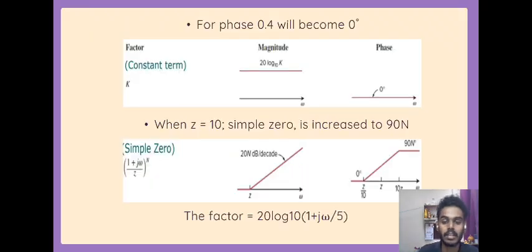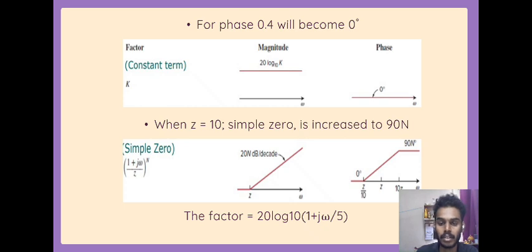So this is a table to help us understand the components. The first component, the constant 0.4, contributes 0 phase shift at all frequencies, as all positive real constants do.